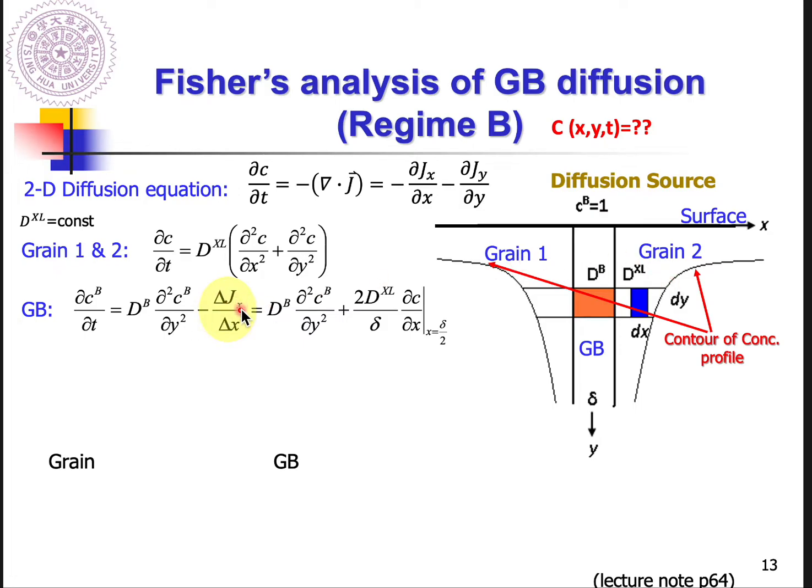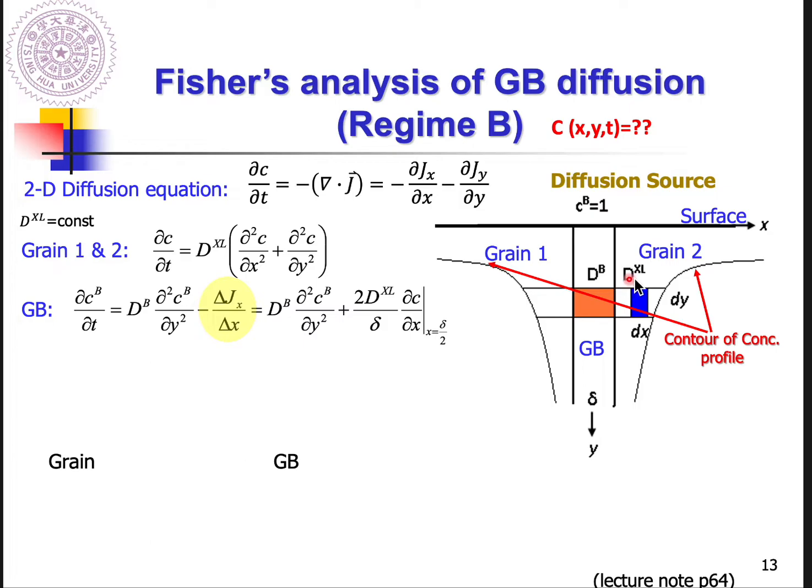So it's a delta Jx, the direction is Jx, right, along the x-axis. Based on this, the flux obeys minus diffusivity times concentration gradient, and the diffusivity will be the diffusivity inside the grain, D_L. The concentration gradient will be, because the atoms jump in, at this location: the concentration gradient at x equals delta over 2.